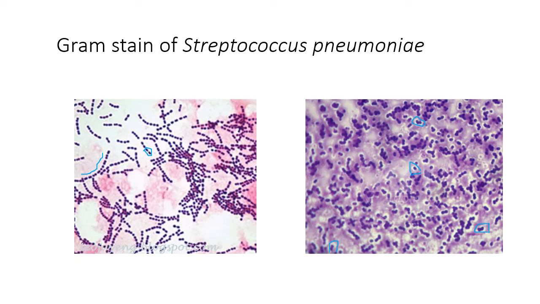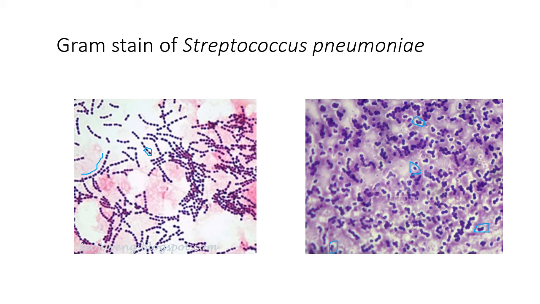Once you suspect, you've seen these lanceolate, flame-shaped diplococci with a halo, what further test would you like to do on microscopy? So India Ink is one, and Quellung test is another, which is almost confirmatory because you know it has the antibody.